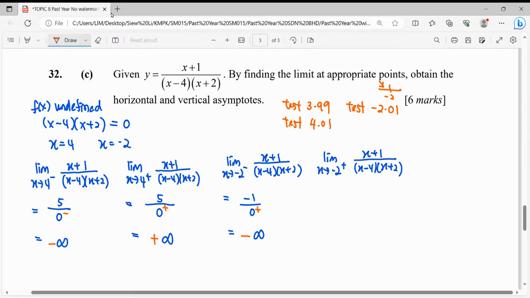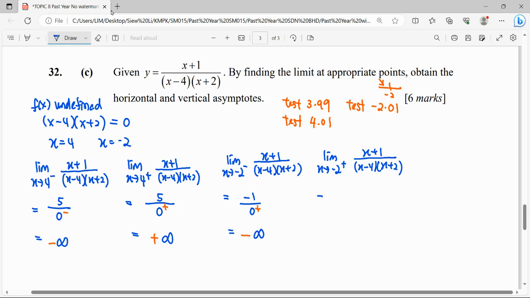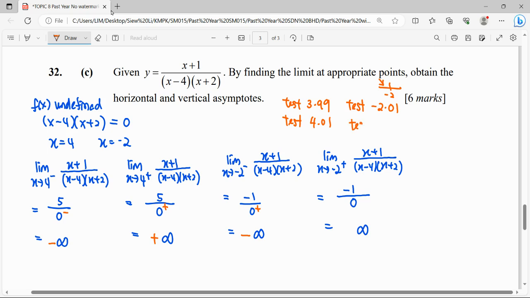Repeat again for the right hand side. Substitute negative 2. So we get negative 1 over 0. So this is infinity. Then we determine whether this one is positive or negative. So test negative 2 from the right hand side, suppose negative 1.99.